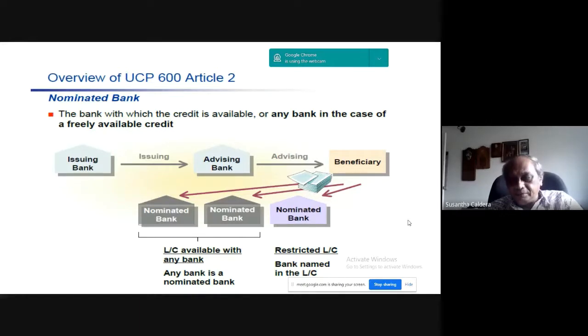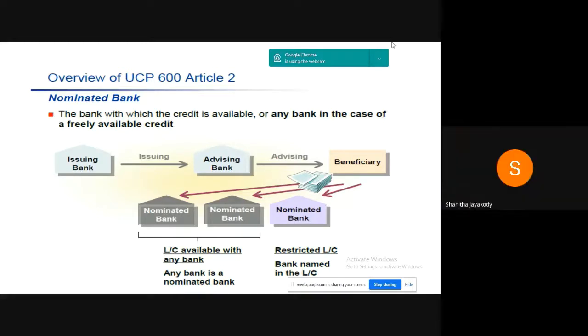Any questions? Any questions? Because I'm going to ask you questions. So, excuse me. Then, how are we supposed to know whether this LC is an authenticated LC or not?